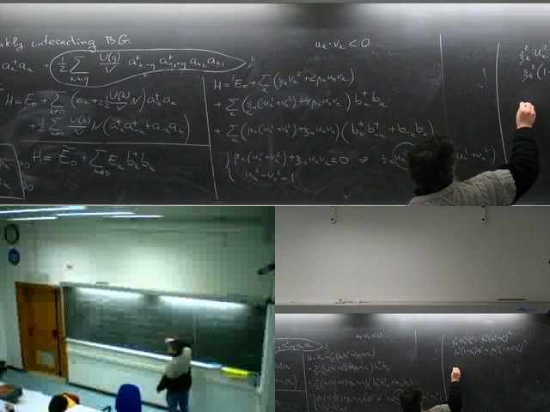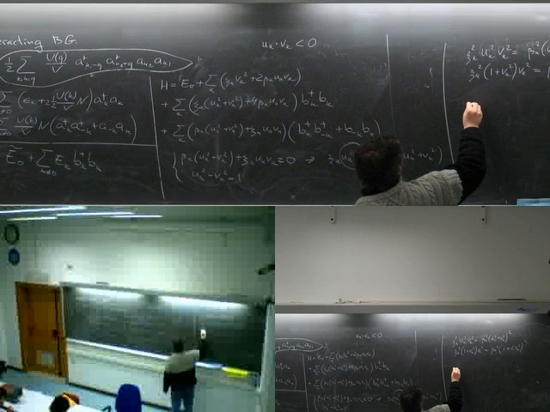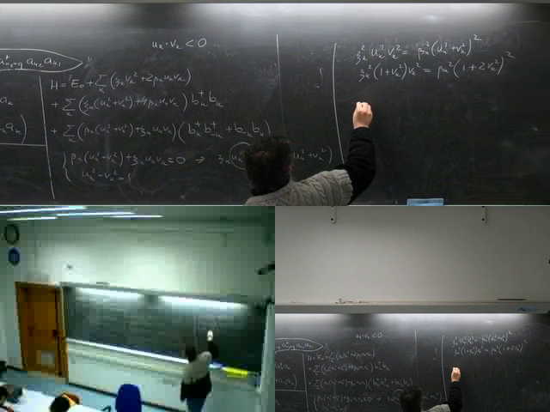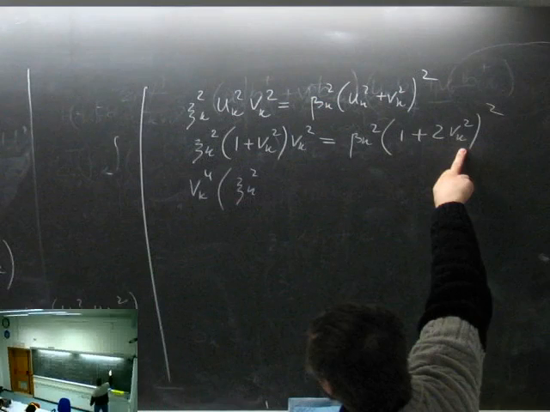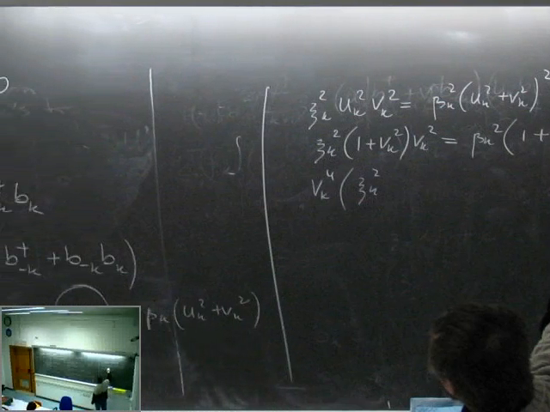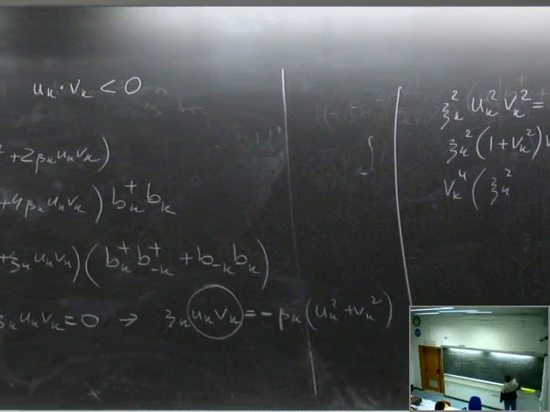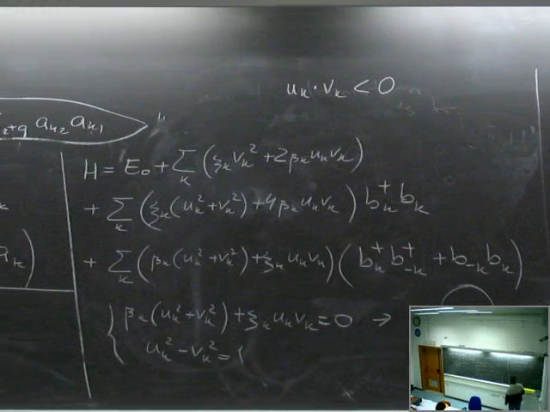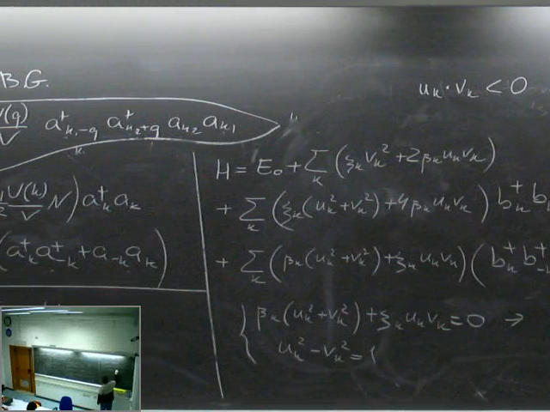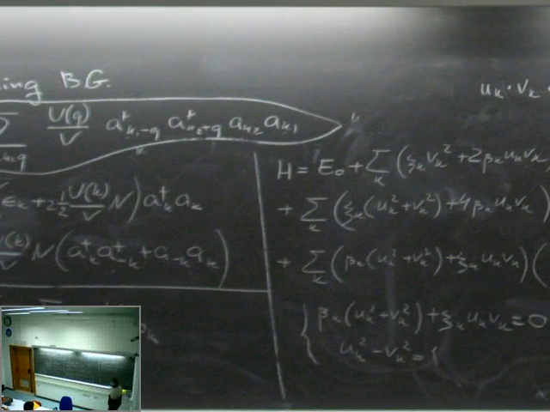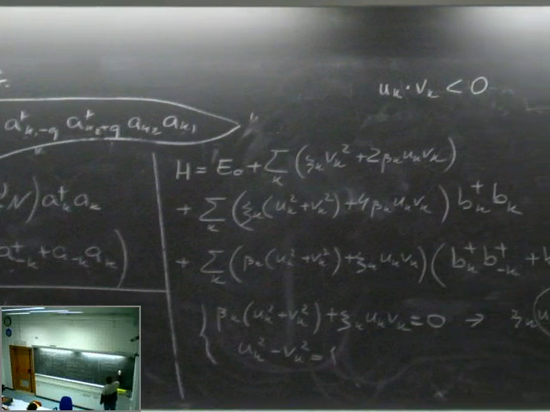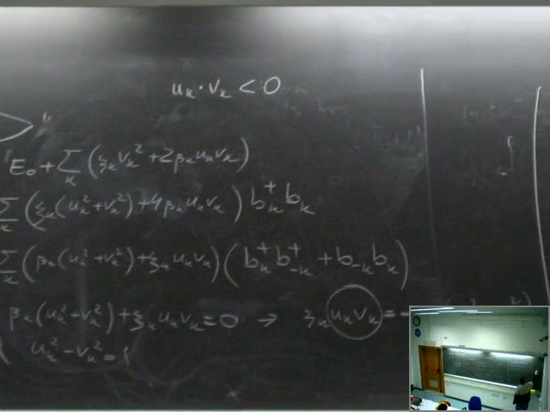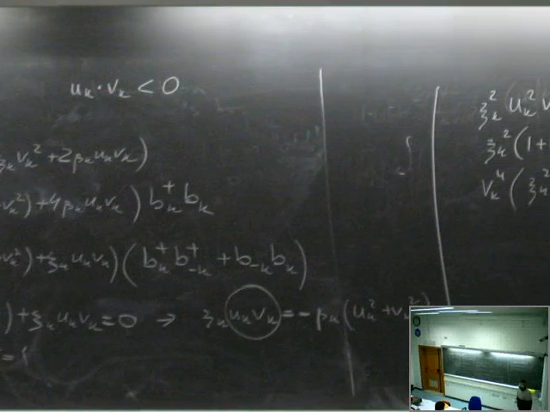I put everything on the left-hand side and collect terms: vk to the 4 times (psi k square minus 4 times beta k square) plus vk square times (again psi k square minus 4 times beta k square) minus beta k square is equal to 0.